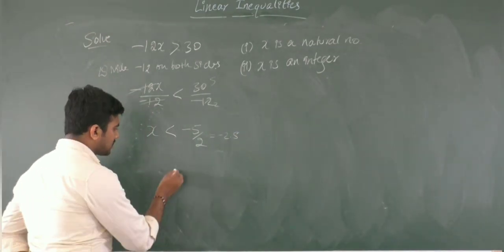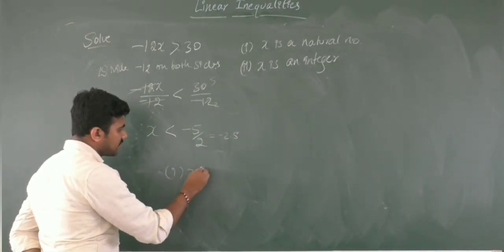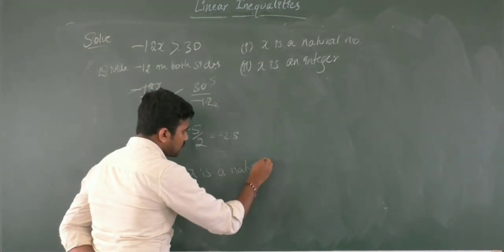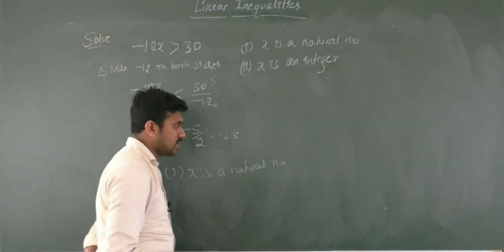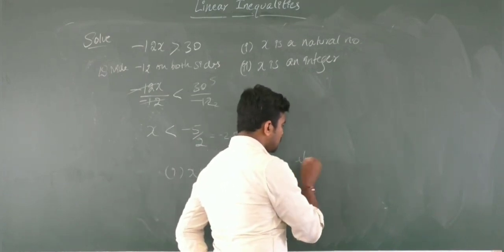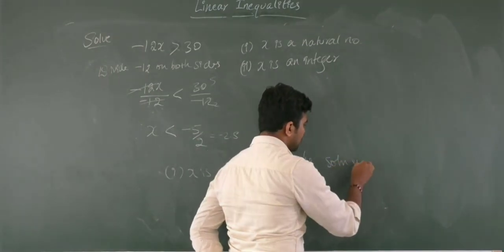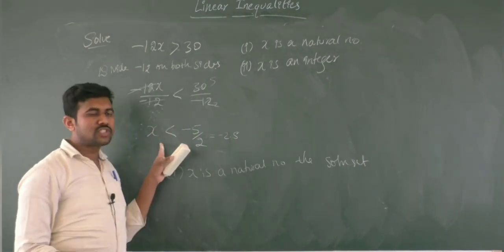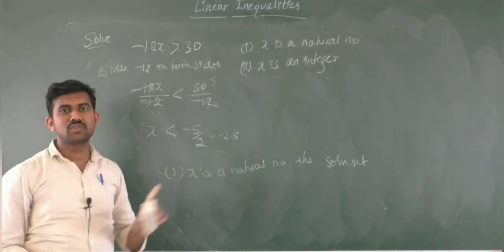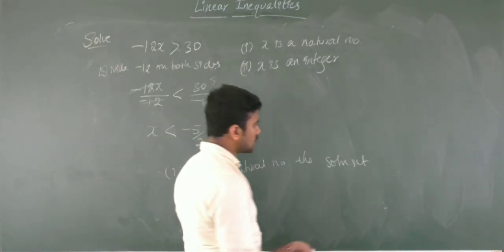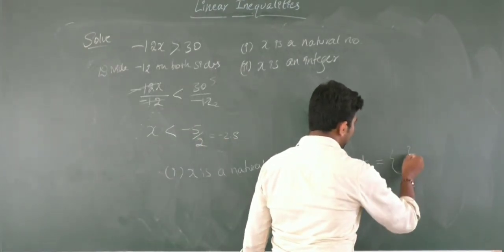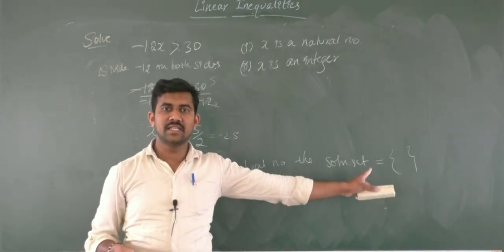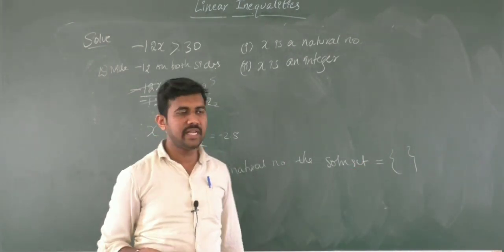So in the first case, when x is a natural number, what is the solution set? Can you get any solution set here? The natural number which is less than minus 2.5 will not give any solutions. So the solution set is empty.